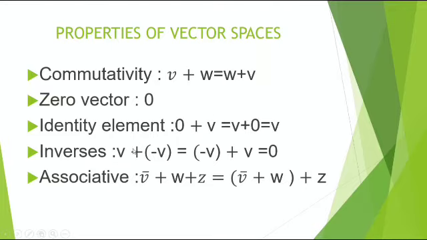Inverses: for each vector there is another vector which points in the opposite direction. When you add them, you get the zero vector.